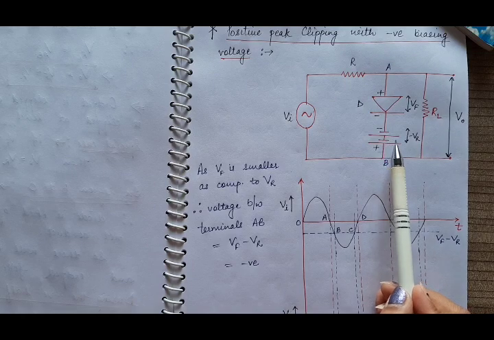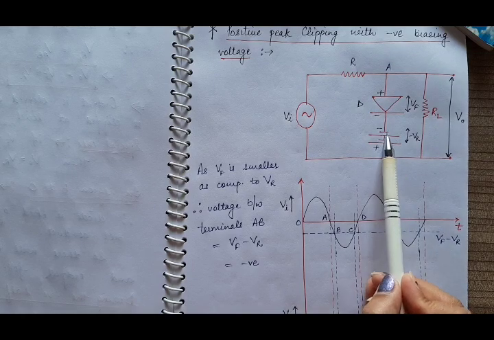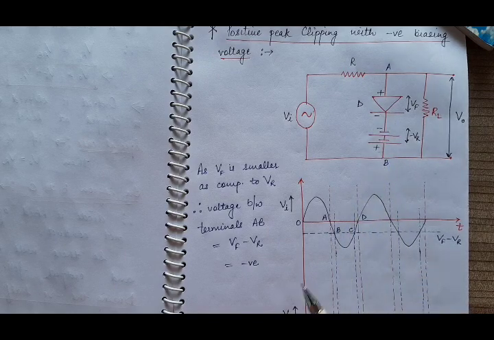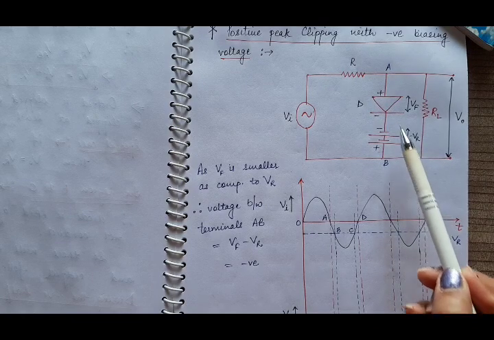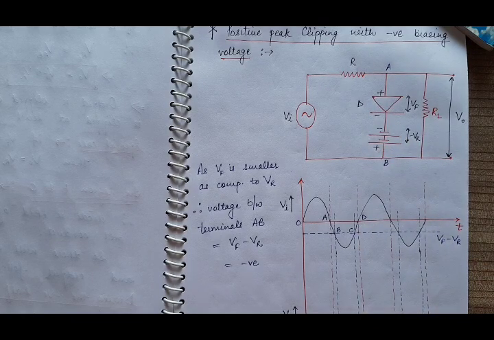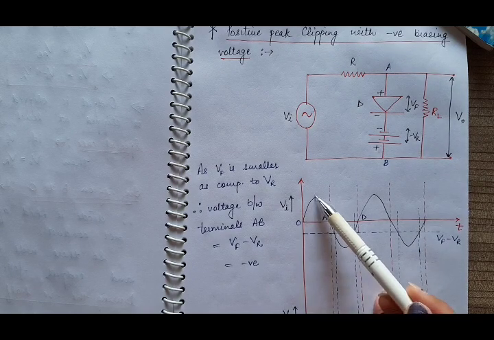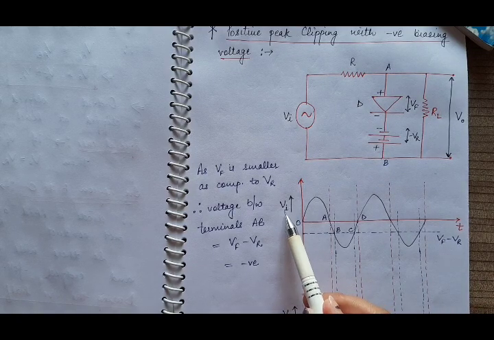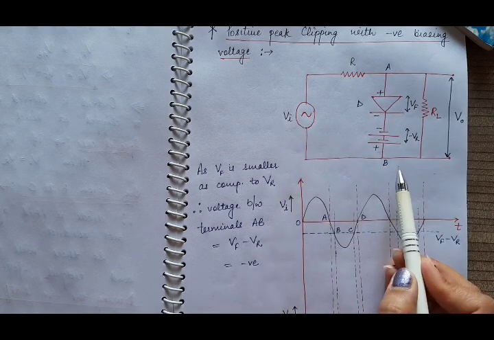Now see VR. As the negative of VR is always connected to N of the diode in this case, VR will also forward bias the diode. So the function of VI and VR is the same during this positive half cycle.